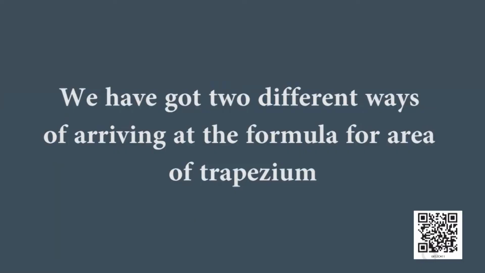So, you too have got the area of a trapezium as half into height into sum of the parallel sides. So, we have seen that we can arrive at the same formula in two different ways.